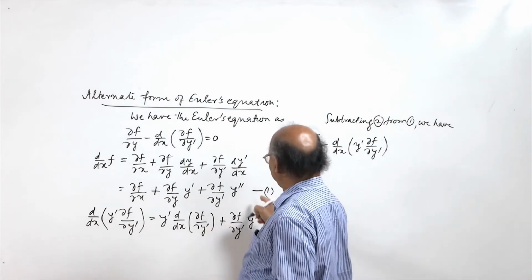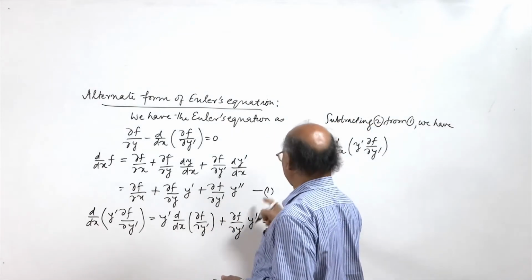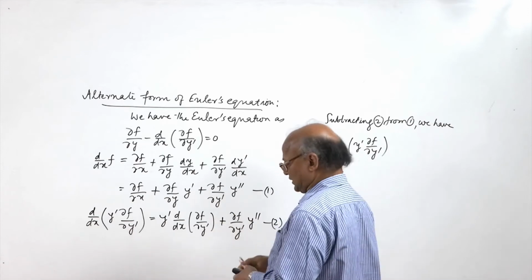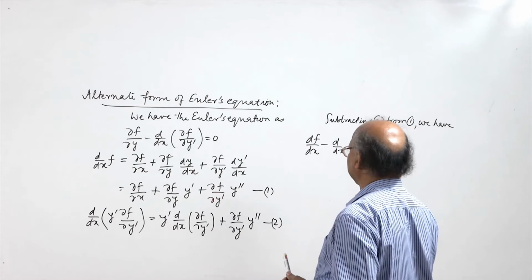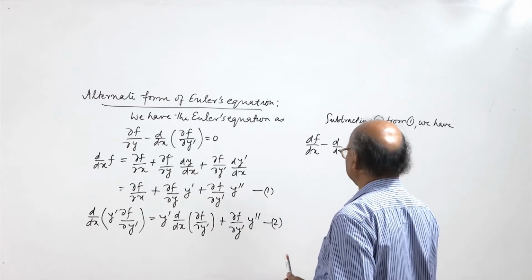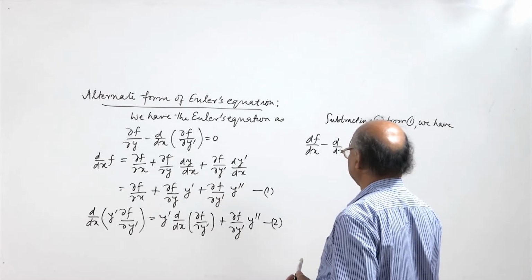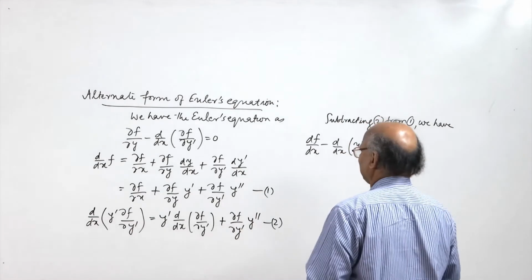Now what will happen when we subtract 2 from 1? This term ∂f/∂y' y'' will cancel with ∂f/∂y' y'', and what we will get?